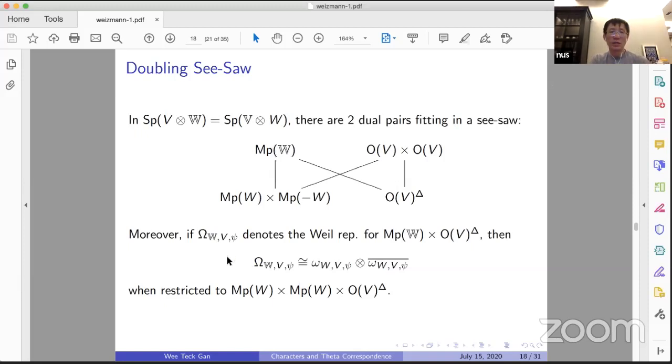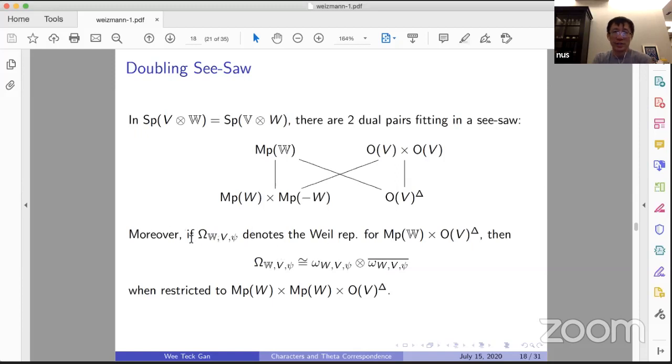Now since we have two dual pairs here, in this direction the dual pair is what we have but doubled. So on this arrow we have omega and its conjugate. Why conjugate? Because of this minus sign. You change the form, you conjugate the Weyl representation. But for this other dual pair, this is the new input: the dual pair O V diagonal and MP of the doubled space.